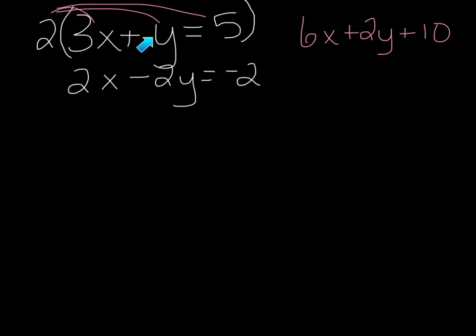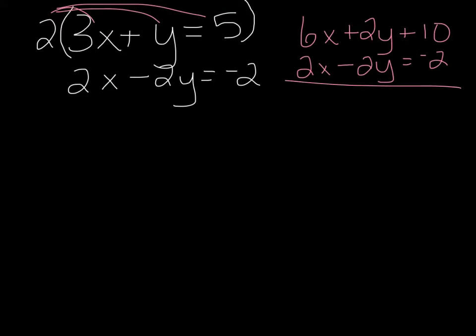So we'd have to multiply this by a 2 to be able to cancel out the y's, just like we did yesterday. The second equation is going to stay the same, so we have 2x minus 2y equals negative 2. So now we're going to work with these two equations instead of these two.